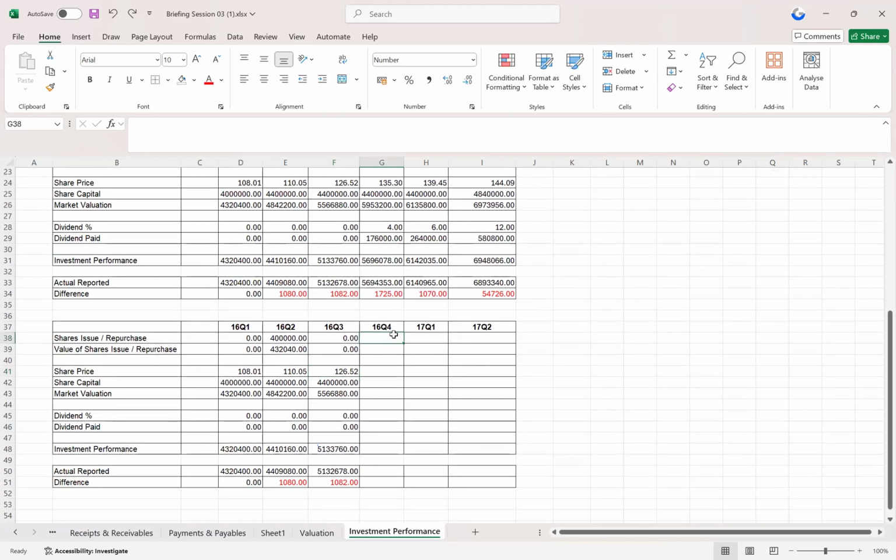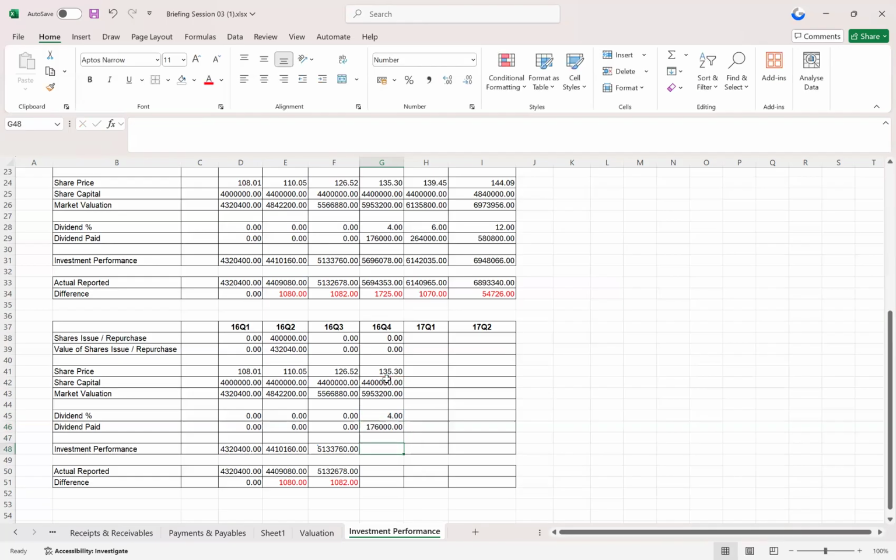Again, in quarter 4, they paid 0, issued 0 shares. The share price was 135.3. Because they did not issue any share, the share capital remains the same. The value is 593. This time they paid a dividend of 4%. So a 4% dividend would mean this divided by 100 into share capital.